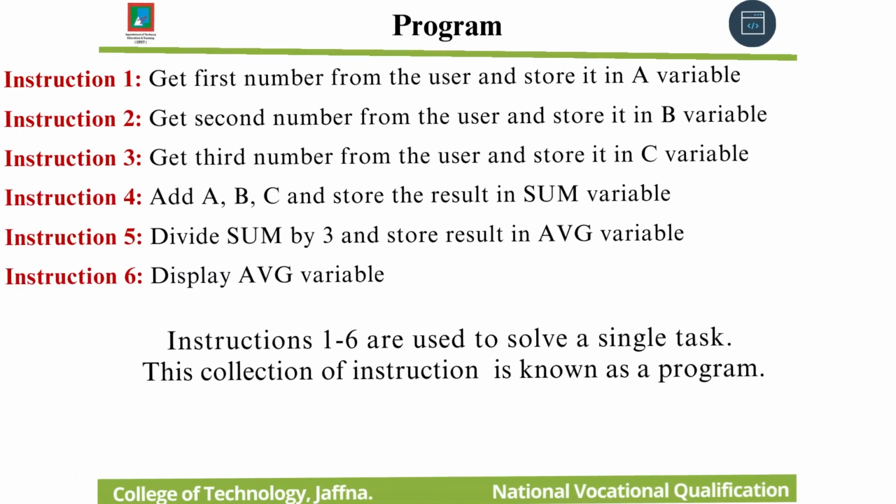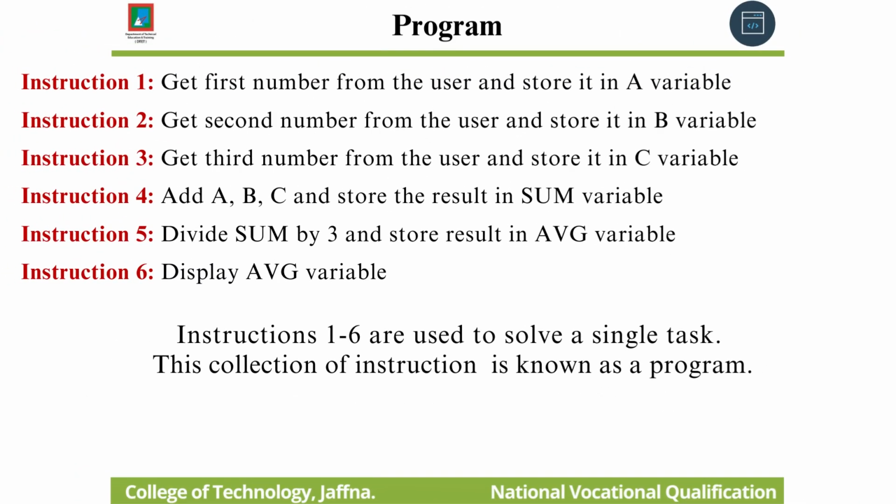Program. Instruction 1. Get first number from the user and store it in A variable. Instruction 2. Get second number from the user and store it in B variable. Instruction 3. Get third number from the user and store it in C variable. Instruction 4. Add A, B, C and store the result in some variable.